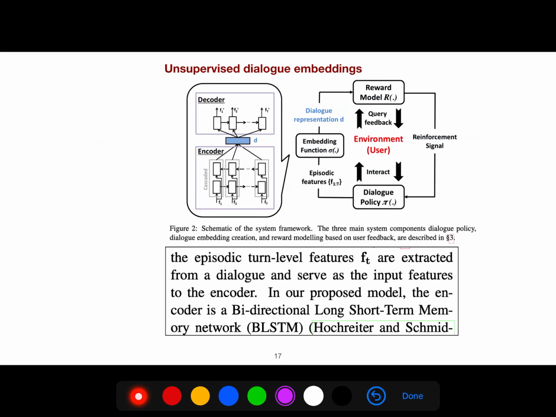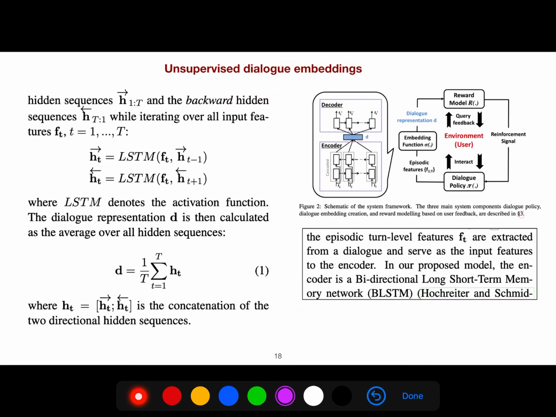We want to represent this complex dialogue as a fixed-dimensional vector. We use an LSTM, and they use it bidirectionally. This is forward, this is backward. Then they concatenate them to become HT, and then they average that. Remember, this is the average of vectors, so D becomes a vector.